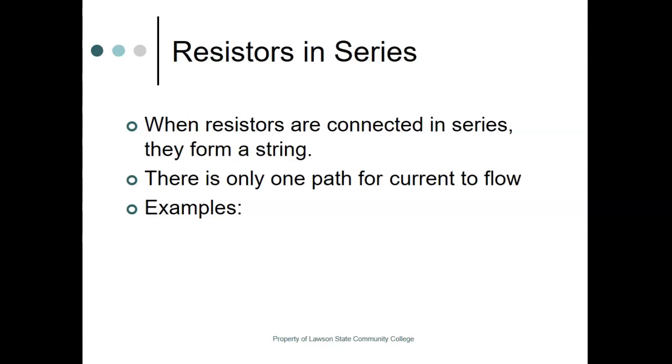They are starting to put them in series parallel. And there is only one path for current to flow with this, guys. That's what I'm saying. That is series. We're strictly talking series right now. Everything else will come later.